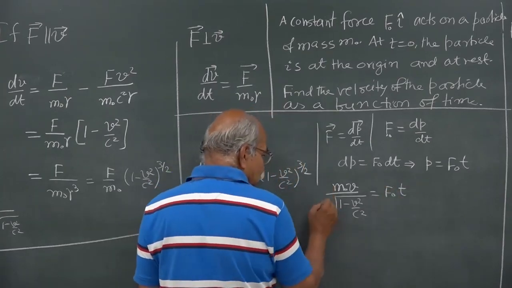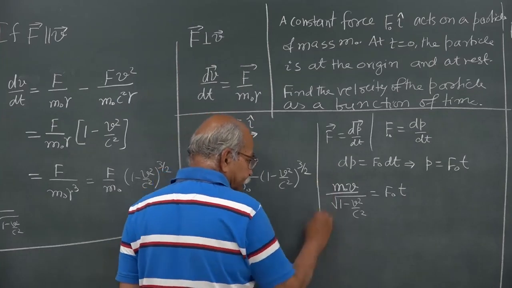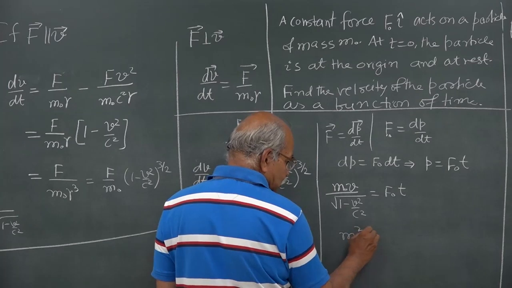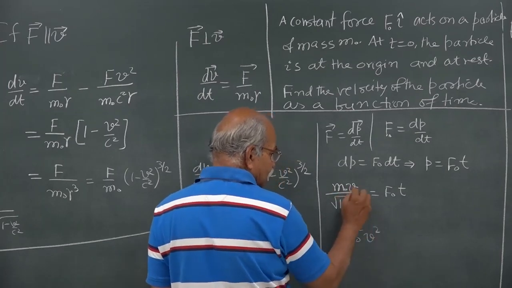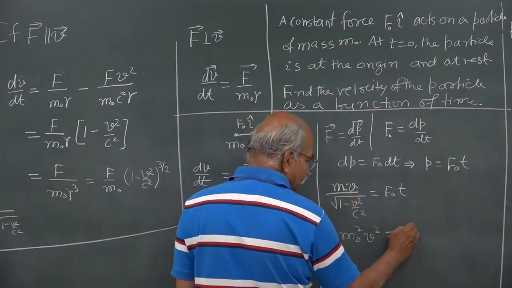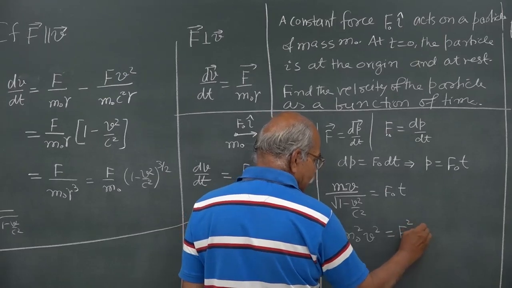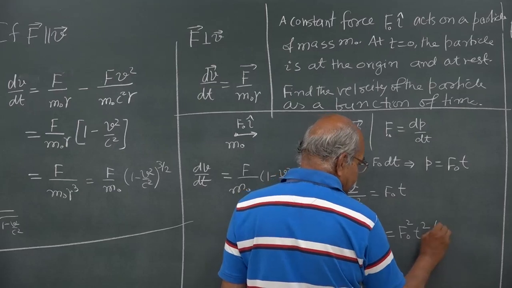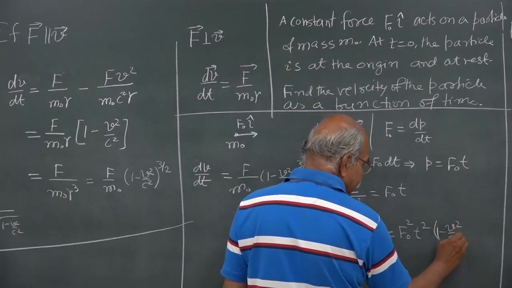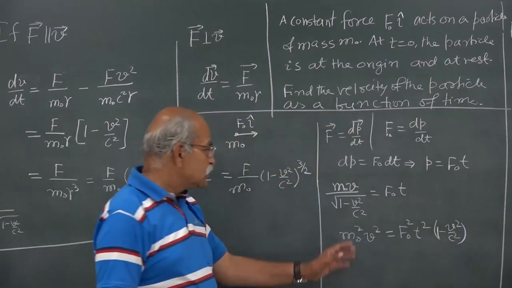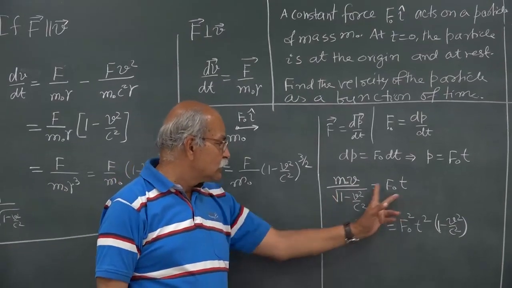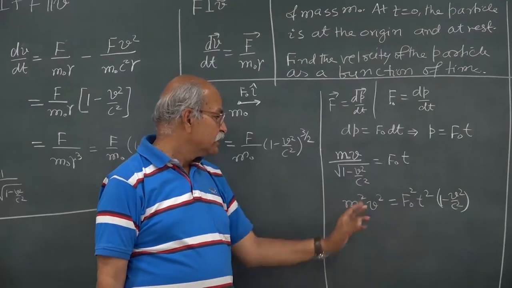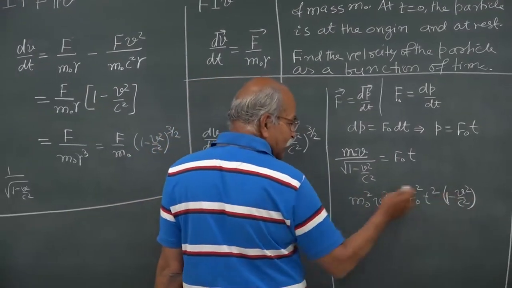Hence you can write m naught square v square is equal to F naught square t square multiplied by 1 minus v square by c square. Square both sides and take this to the other side. So, you have F naught square t square multiplied by this. Collect the v square terms together.